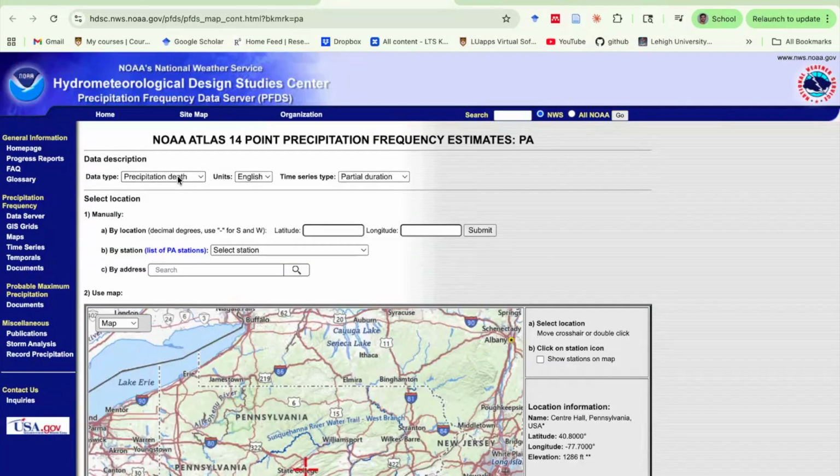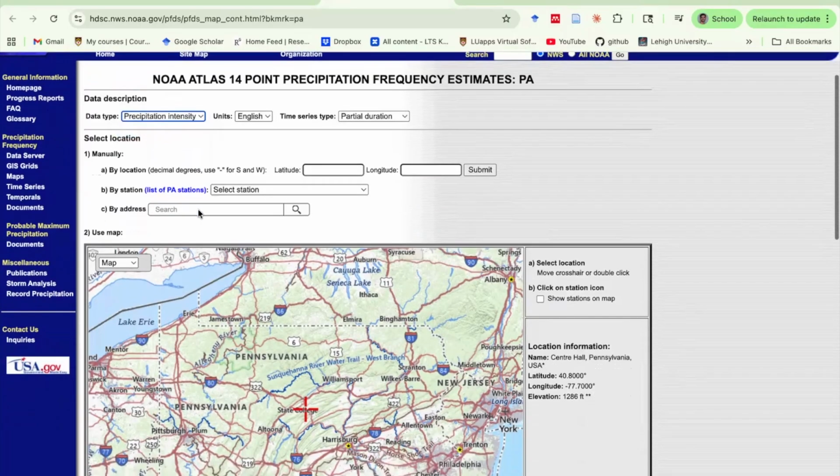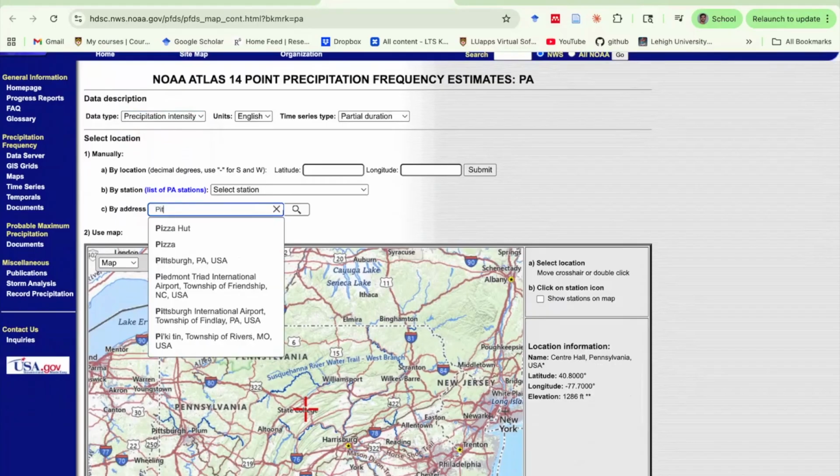And our major aim is to compute intensity. So here we can change it by dragging, and we can select precipitation intensity. Since the area is given as Pittsburgh, we can type Pittsburgh.